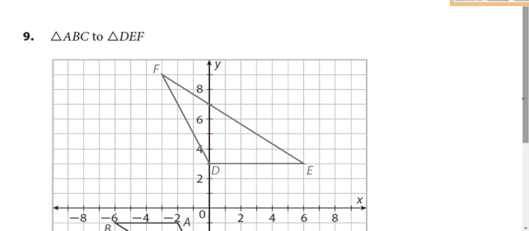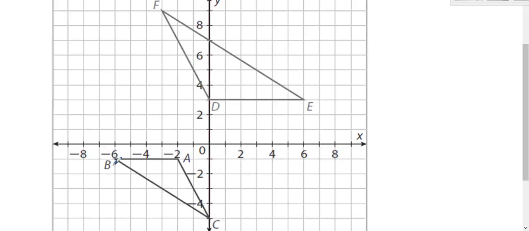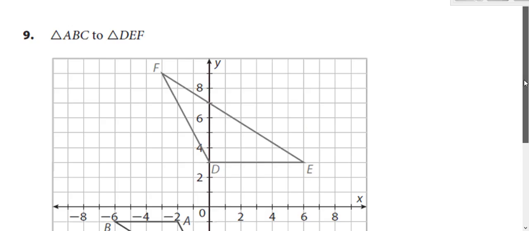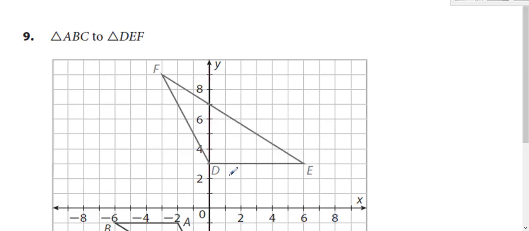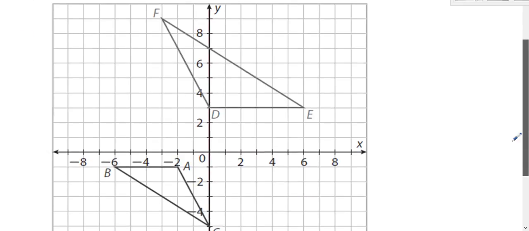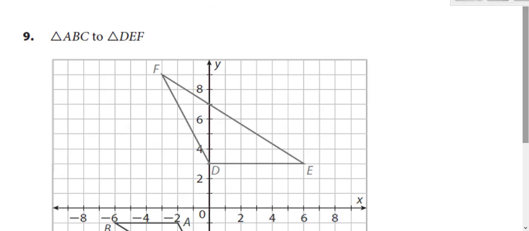So there's another one. We're going to take ABC, this one down here, and make it match up with DEF. So looking at it, we can see it needs to be rotated around about 180. We could start with that if we want.